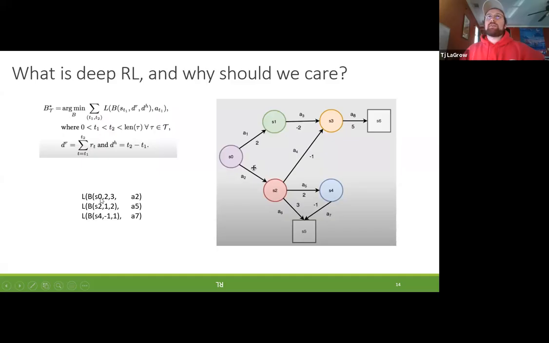Or sorry, I said that wrong. State 0 with a reward of 2 with 3 desired steps remaining. That would give you the action A2 rather than A1. So going through this trajectory, we then look to see if we want to take action 5 or 6. Here they say action 5, and then from S4 we would take A7 to get to the terminal state.